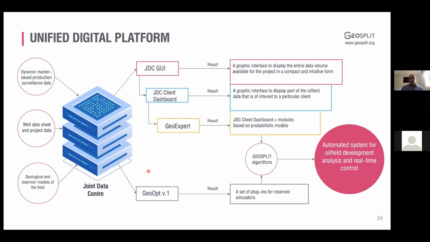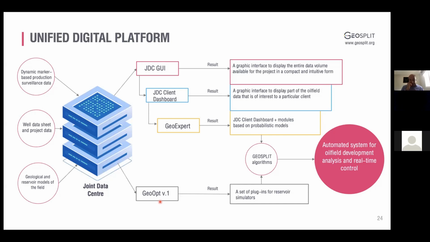We have two trademark modules, GeoExpert and GeoOpt. GeoOpt is still in the development phase, where we want to provide plugins to the current commercial reservoir simulators like T-Navigator or Eclipse, so that the data obtained from inflow profiling using GeoSplit marker reporters can be fed into those models.